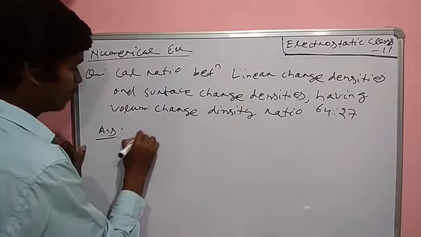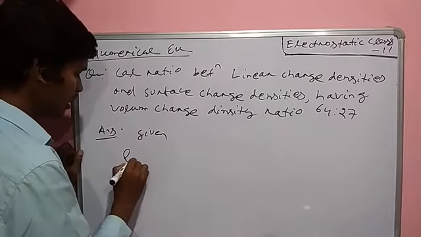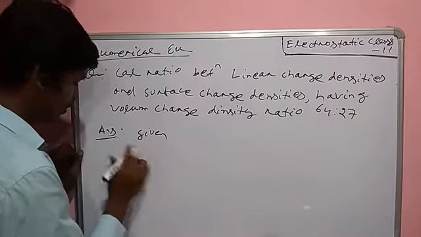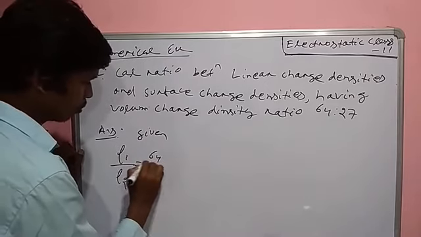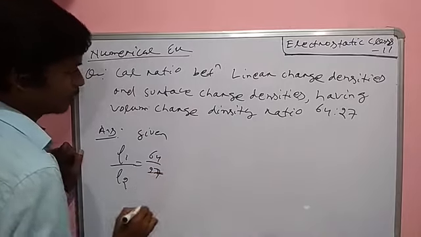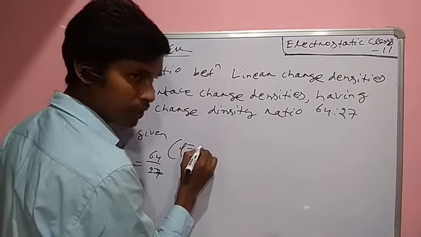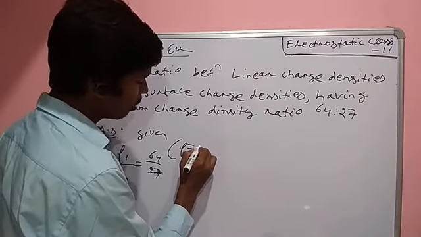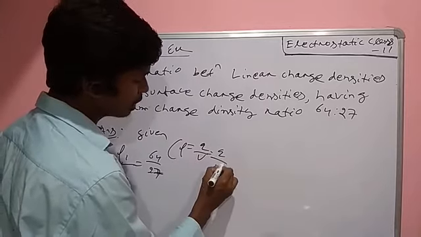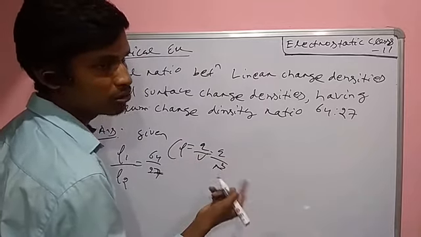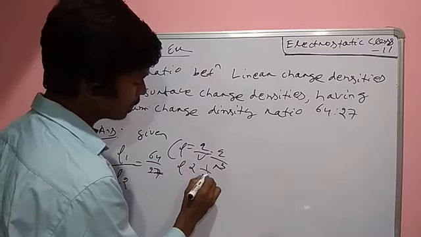Here given, the volumetric charge density is denoted as rho. That means rho 1 by rho 2 is equal to 64 by 27. We have known rho is equal to q by v, and volume is the side cube, so rho is proportional to 1 by r cube.